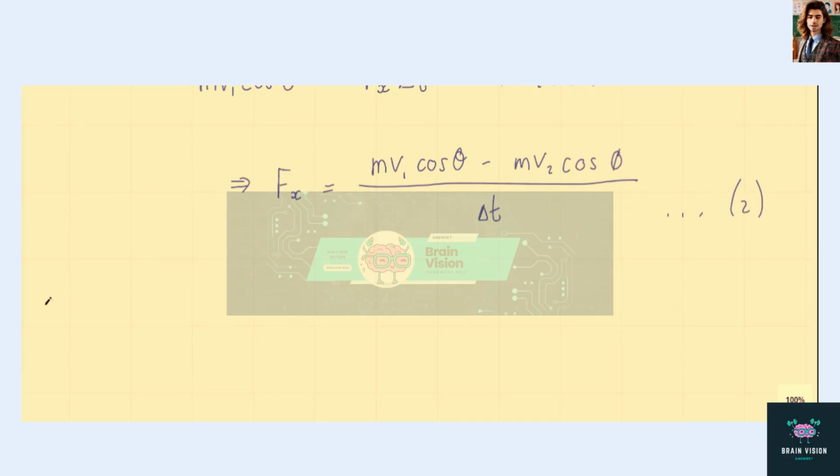Now we'll apply the principle of impulse and momentum again, but this time for the vertical motion of the ball. So again, m vy1 plus all the impulses acting over time, Fy dt, so that's in the y direction, must equal the final momentum of the ball after it rebounds in the y direction, m vy2.